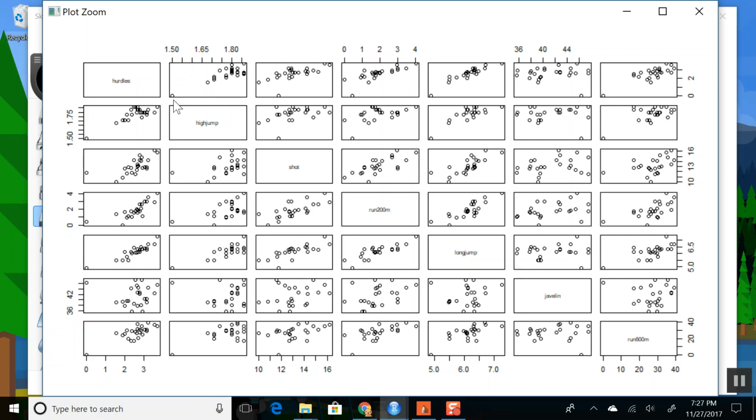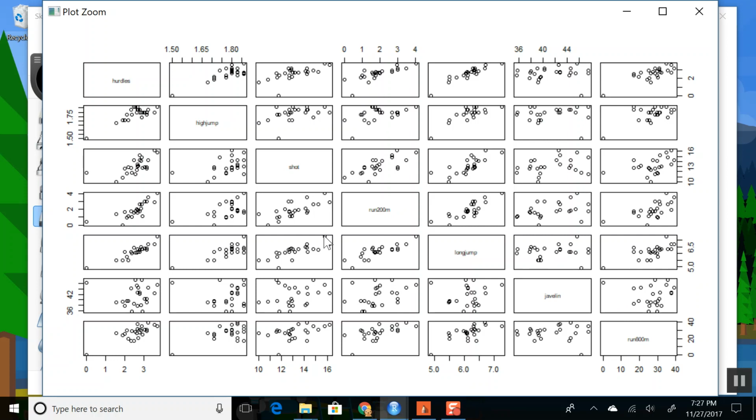Like hurdles seems to correlate pretty well with high jump, shot put, the running and the long jump. It doesn't seem to correlate very well with javelin, but maybe correlates well with a lot of these other ones. Yeah, javelin just doesn't seem to correlate very well with many of the other plots. So if we look at javelin versus any of the others, not a whole lot of correlation, but the other ones seem to correlate well.